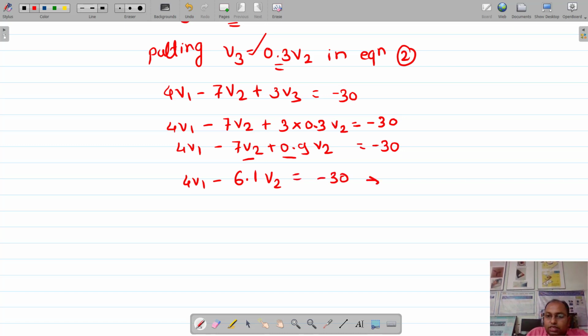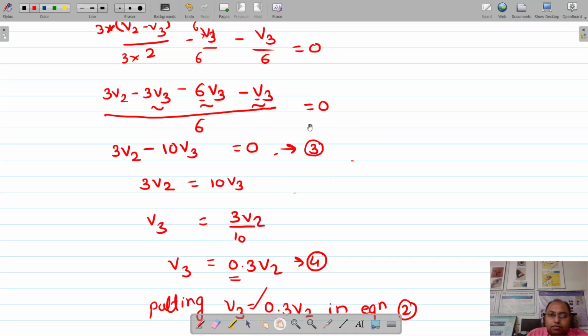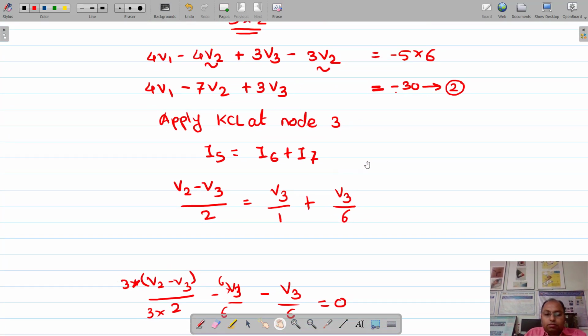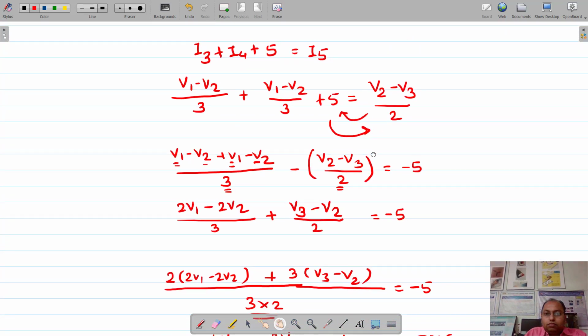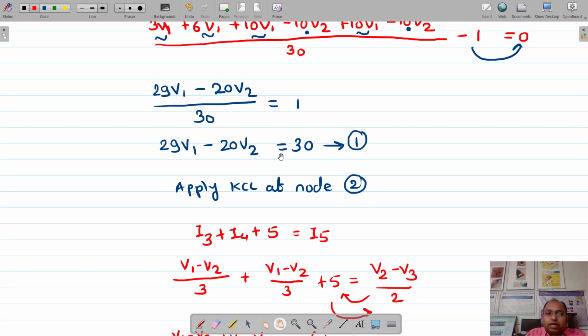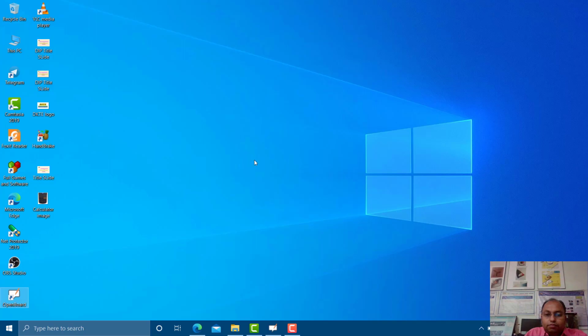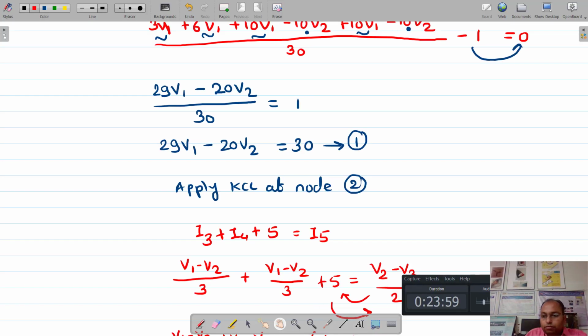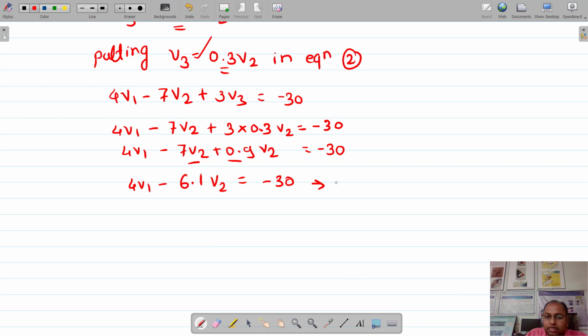Let us say this is equation number 5, and now let us recall equation number 1. We know that equation number 1 is 29v1 minus 20v2 is equals to 30.